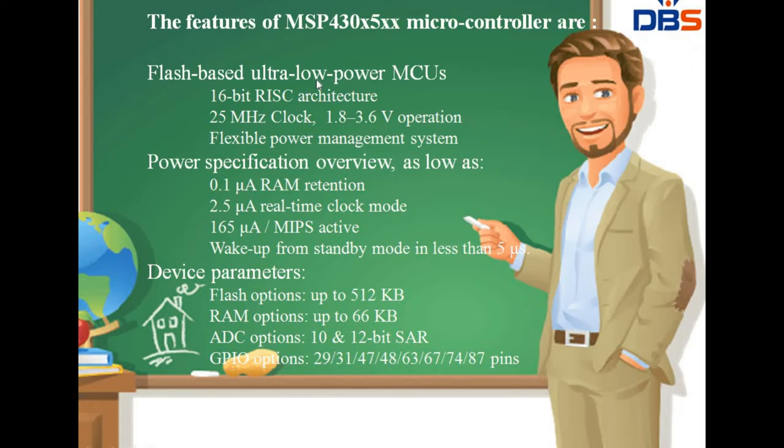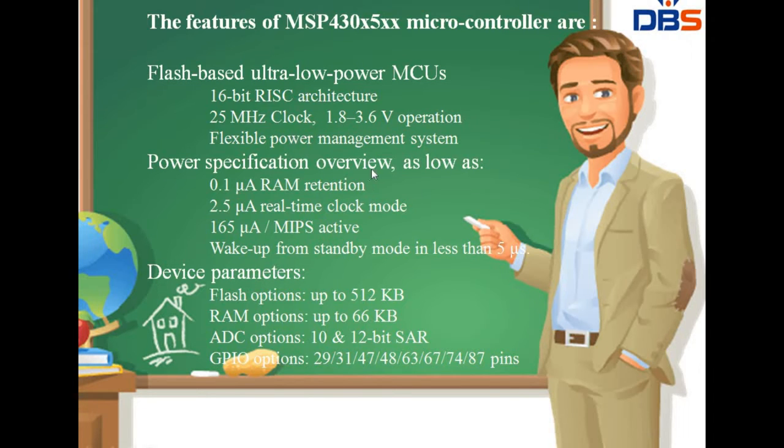So these are flash based ultra low power microcontroller units, based on a 16-bit RISC architecture which operates with a clock frequency of 25 MHz and also works with a low voltage from 1.8 volts to 3.6 volts, and it also has a flexible power management system. Flexible means reliable and affordable. The main theme is to operate with low power and high speed.